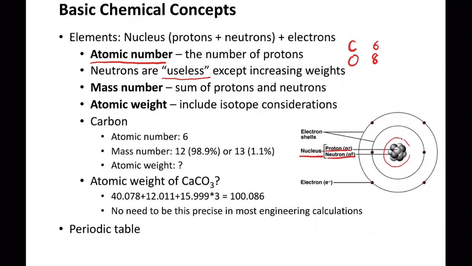So for example, the general form of carbon is composed of basically 6 protons plus 6 neutrons, right? In that case, the mass number of carbon will be equal to 12, all right? In this class, we're going to deal with the atomic weight or the molecular weight quite a lot.